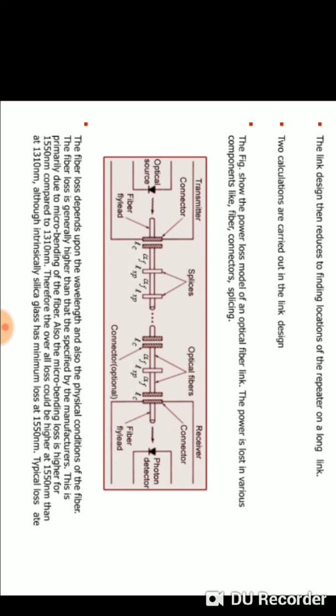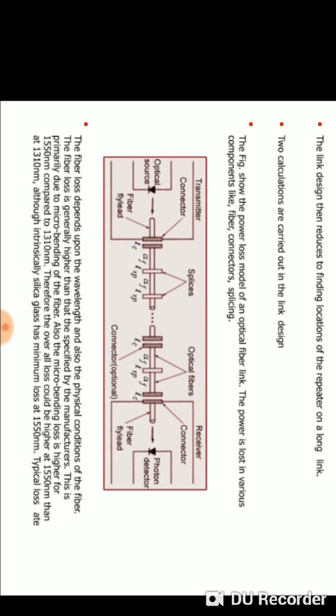The fiber loss depends on the wavelength and also the physical conditions of the optical fiber. The fiber loss is generally higher than that specified by the manufacturer. This is primarily due to micro bending of the optical fiber. We have already seen the different types of losses that take place in the optical fiber.